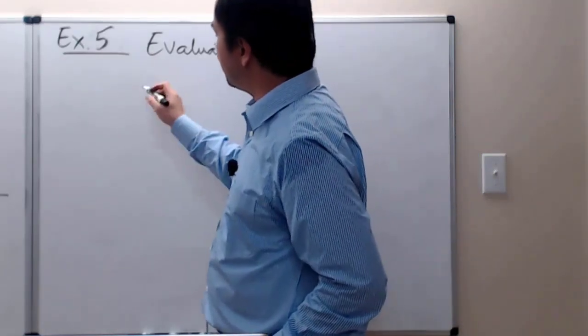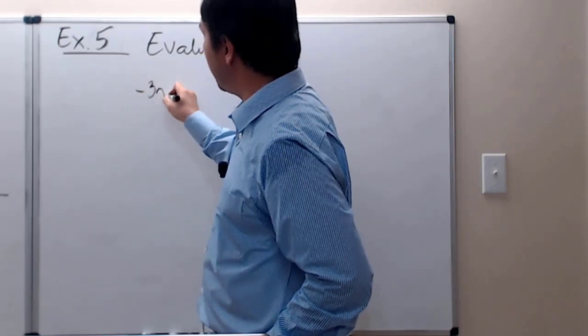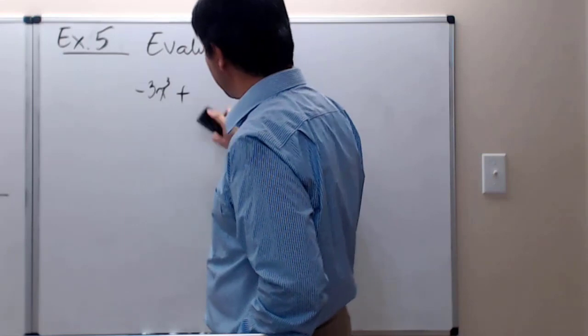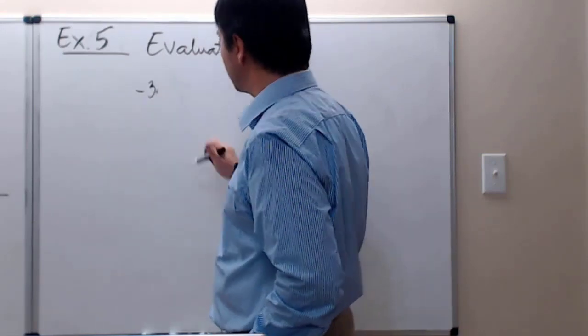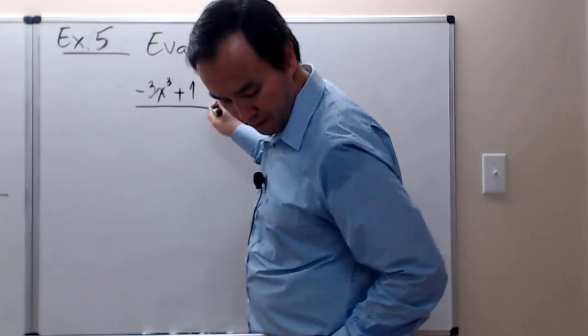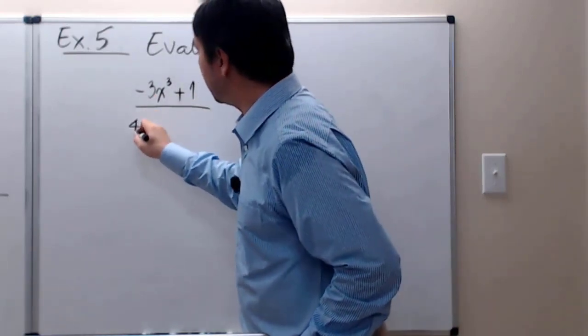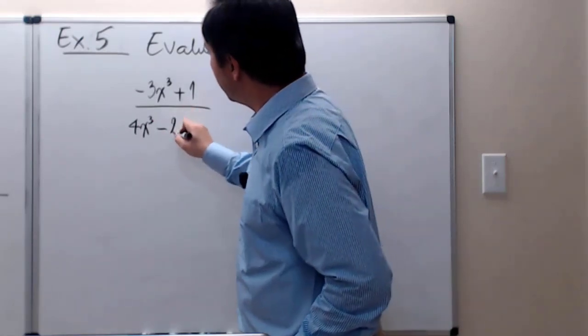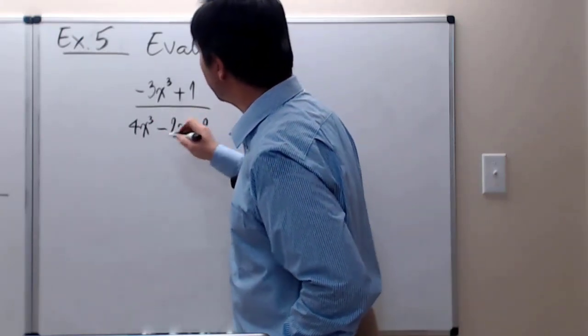The one we have used before: how about (minus 3x cubed plus 1) divided by (4x cubed minus 2x plus 2).